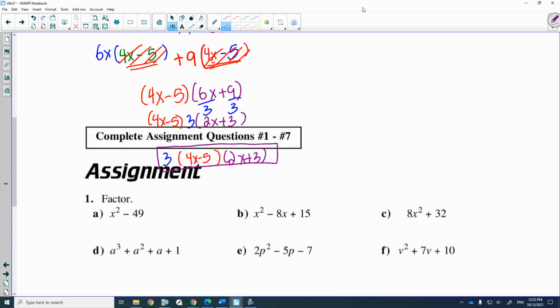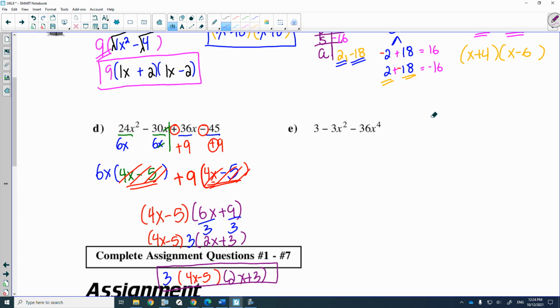Okay, for E, I want you guys to scratch this one out. I'm going to give you a different one. Just got to think of it for a second. So write down for me 4x squared plus 12x plus 9.